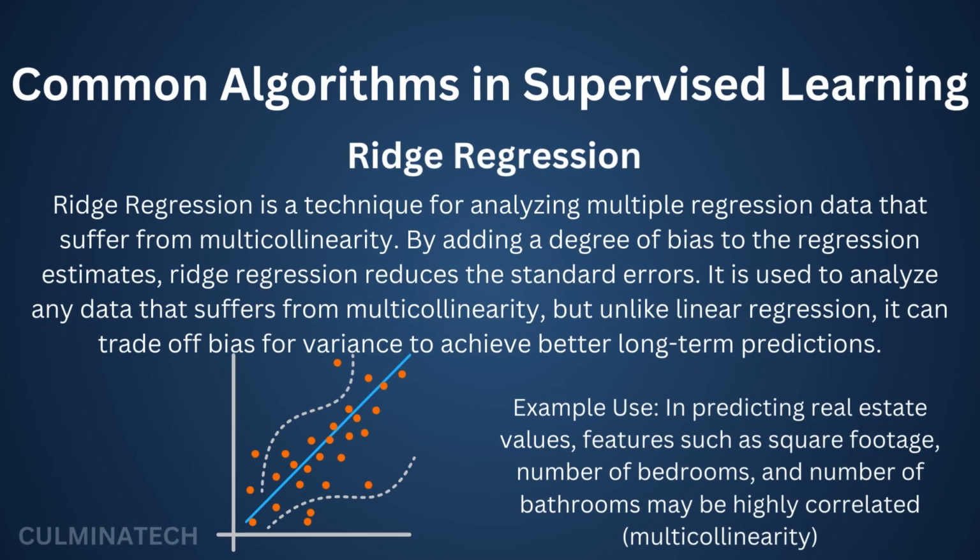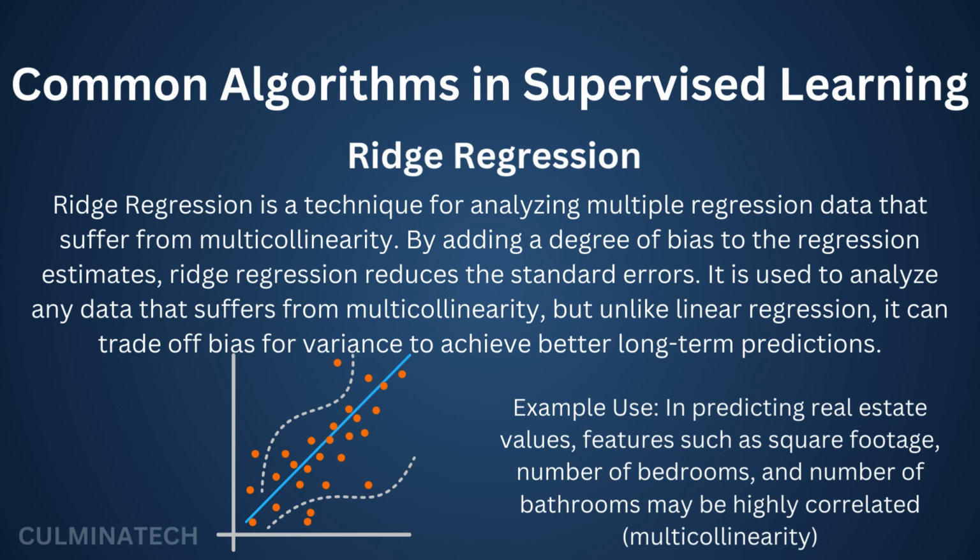Then we also have ridge regression. It's like balancing your team skills in a relay race to get the best overall team performance. It's a technique for analyzing multiple regression data that suffer from multicollinearity. By adding a degree of bias to the regression estimates, it reduces the standard errors. Let's say it's in real estate.